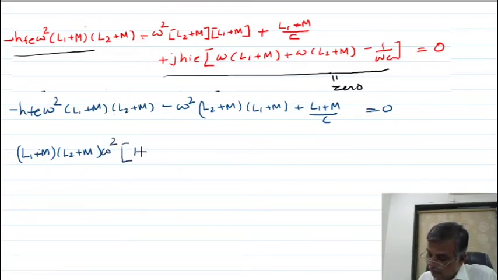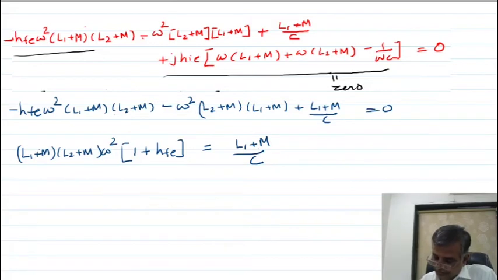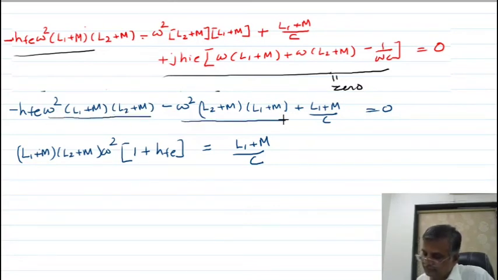So what is left? 1 plus hFE is equal to (L1 plus M) by C. I think you understand. I have taken this to the other side, so minus becomes plus, and I have taken hFE omega square common. So this is the equation.